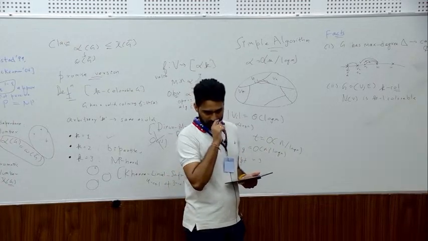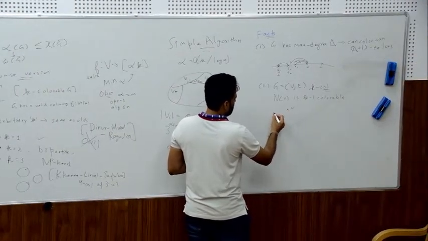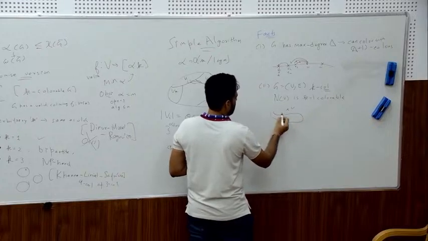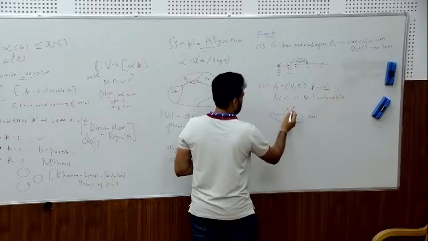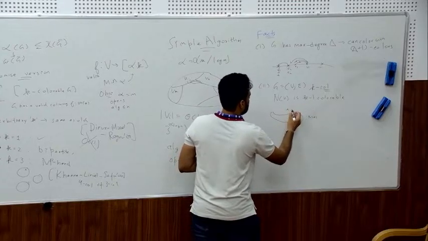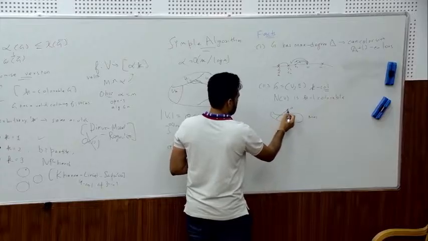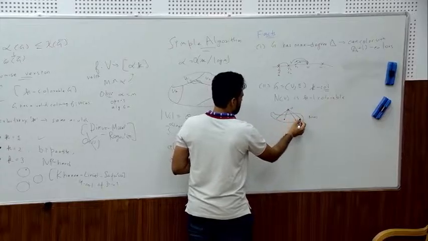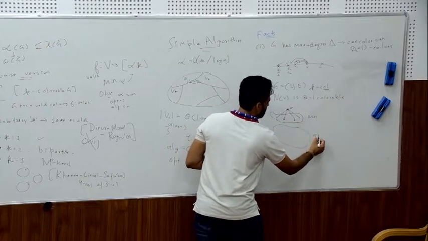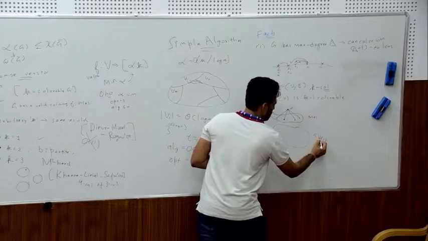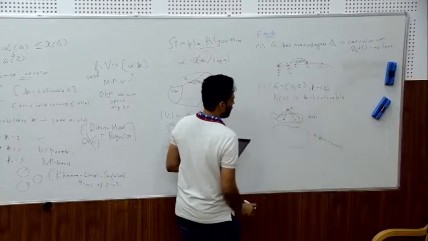Let us see a picture maybe. There is a vertex. Let's define the neighborhood of a vertex V. And the rest of the graph sits here, that is G minus the neighborhood, basically the rest of the graph.